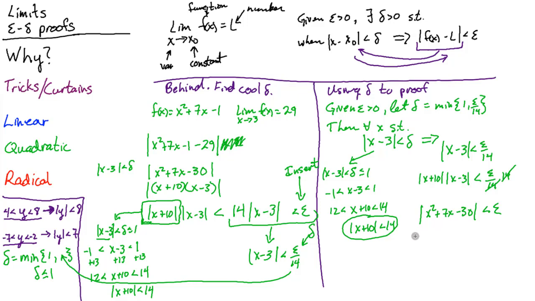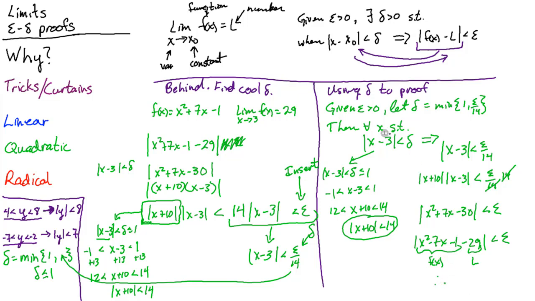And then this is, of course, x squared minus 7x. What was our thing? Minus 1. Minus 29. Oh, let's write that a little bit better. Less than epsilon, which is, there's our f of x, and that is the L, and then you write it pretty.